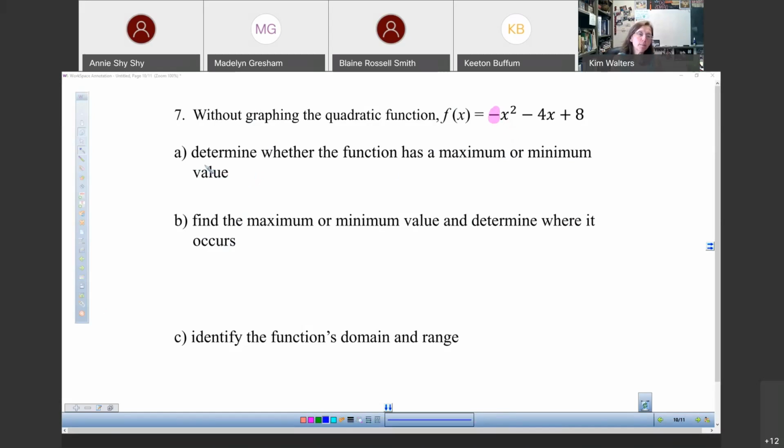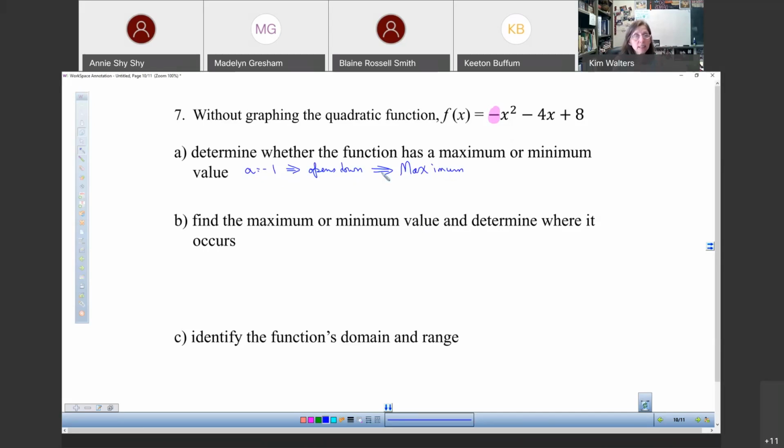You have to determine whether it opens up or down. So if a is -1, this means the function opens down, and if it opens down, then I am going to have a maximum. All right, plain and simple.